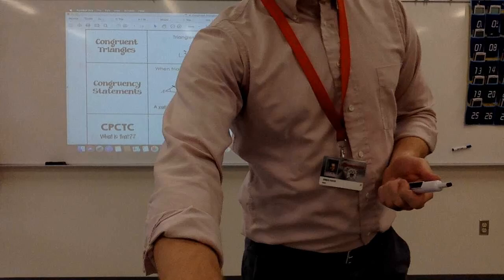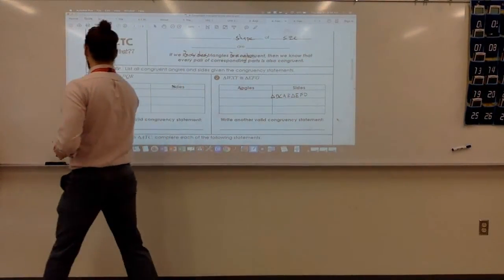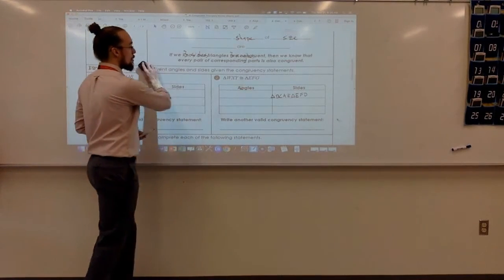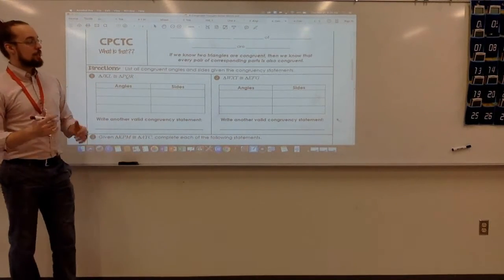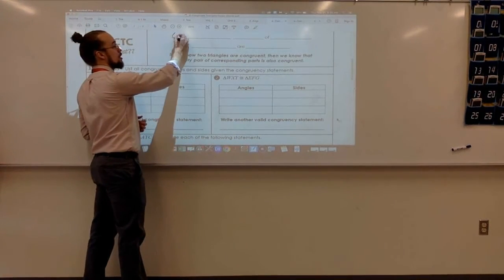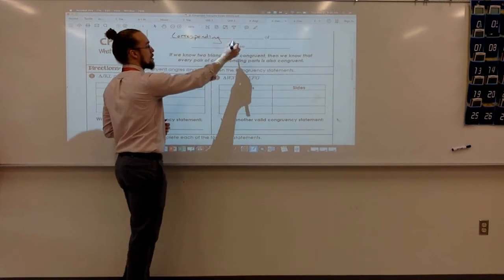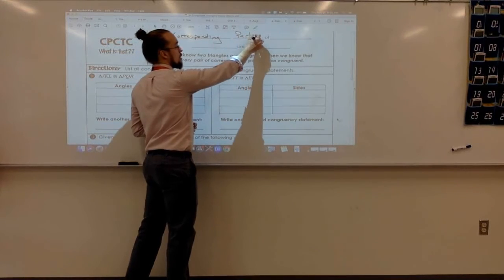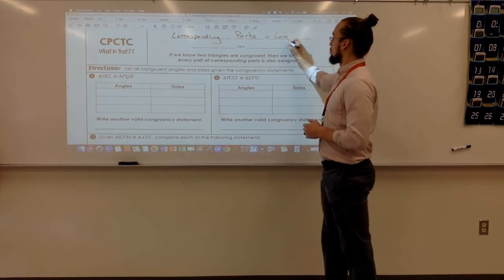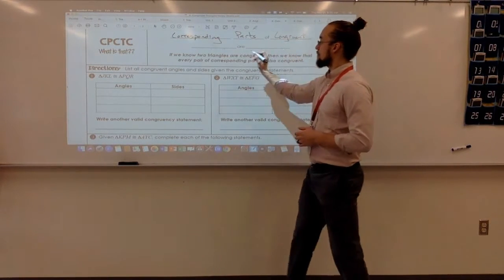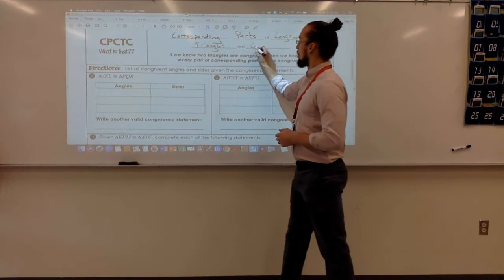An abbreviation for this idea is CPCTC. We'll work with this idea a lot more in a later section. CPCTC stands for corresponding parts of congruent triangles are congruent.